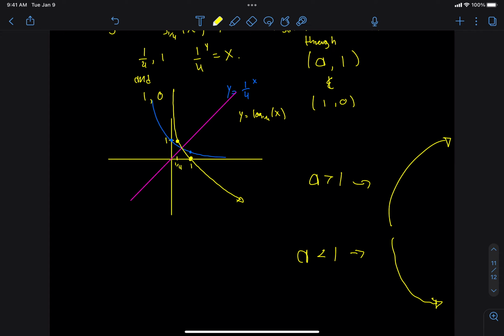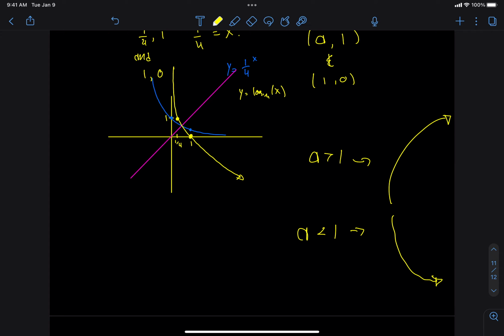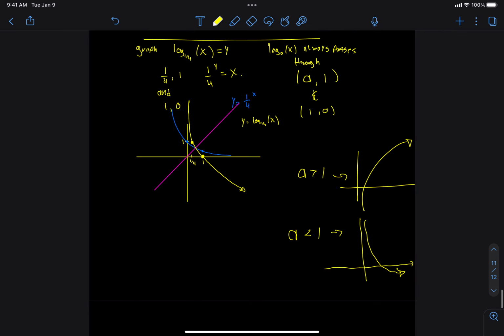So these are the 2 types of behaviors which I want you to be able to capture here. If a is bigger than 1, it will look like this. If a is less than 1, it will look like this. And make sure that you're passing through the relevant points. That would be a full points response for a problem like this.